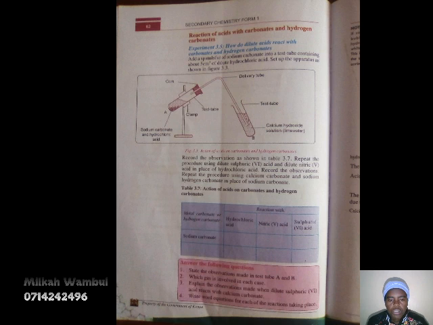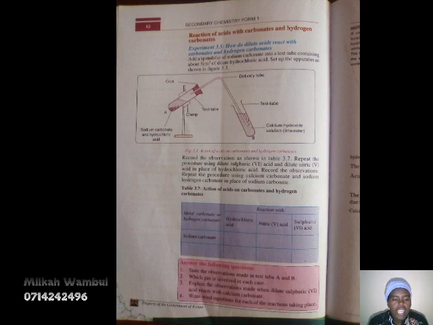Now, reaction of acids with carbonates and hydrogen carbonates. An experiment is done. You add a carbonate, for example sodium carbonate, into a test tube that contains about 5 cm³ of hydrochloric acid, and then you observe what happens.